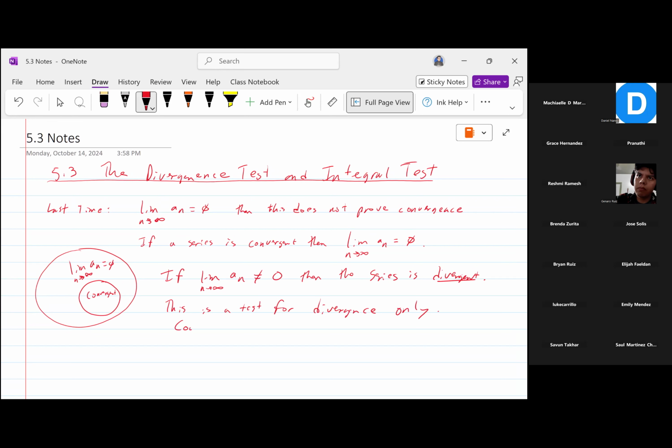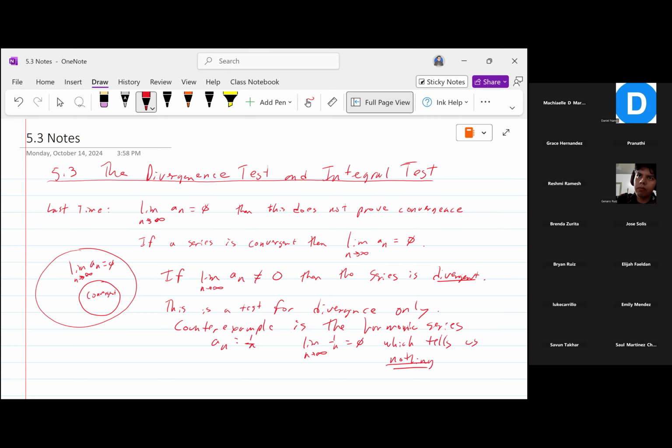Okay, a counterexample is the harmonic series, where a sub n is equal to 1 over n, and the limit as n goes to infinity of 1 over n is equal to 0, which tells us nothing.